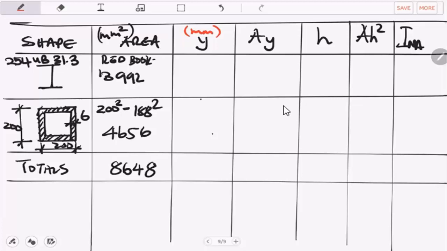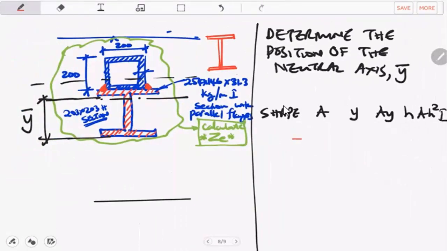Right, so let's now look at the value of y. It is the distance from the reference point, which is usually the bottom of the compound section, to the centroid of that particular area in question. We've got a compound section like this.